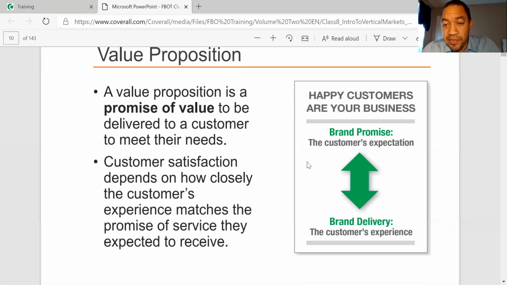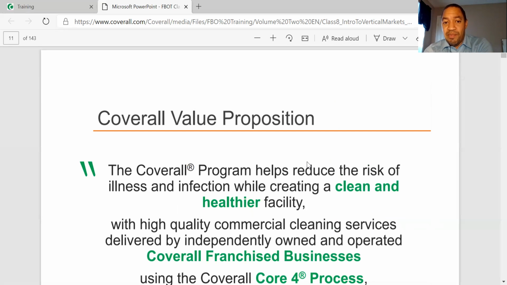The brand promise is what the customer's expectation is. The brand delivery is what the customers actually experience. Coverall's value proposition is this. The Coverall program helps reduce the risk of illness and infection while creating a clean and healthier facility with high quality commercial cleaning services delivered by independently owned and operated Coverall franchise businesses.